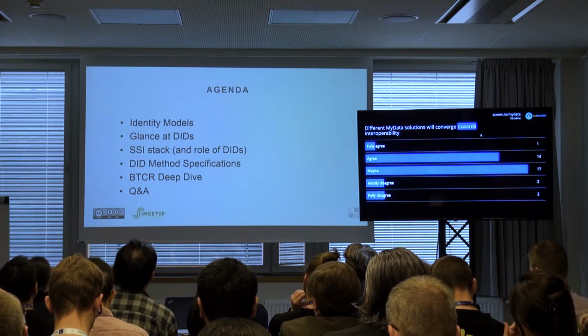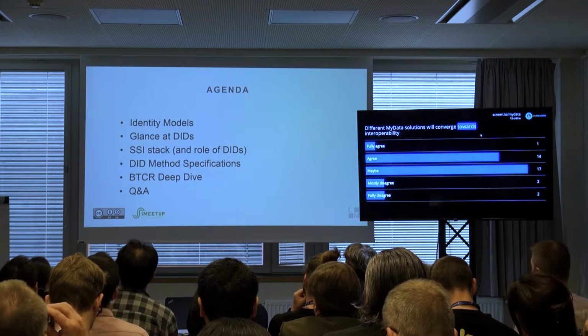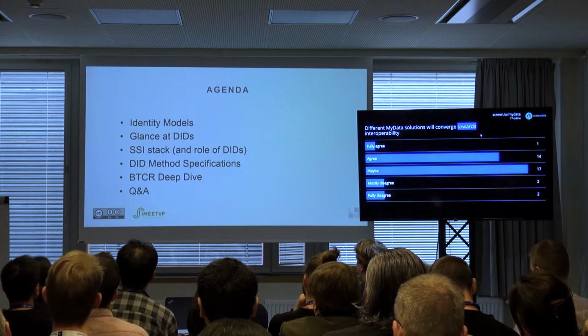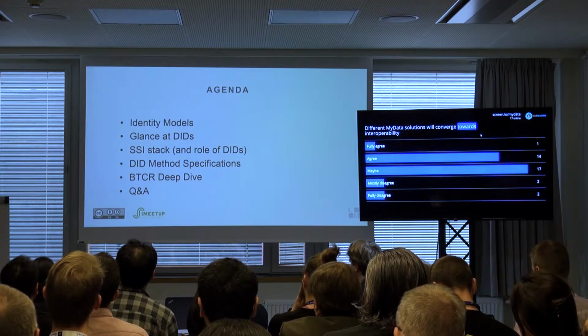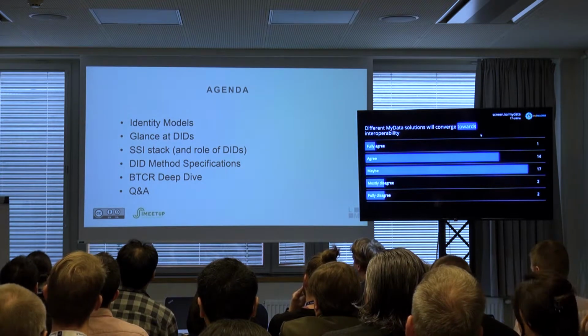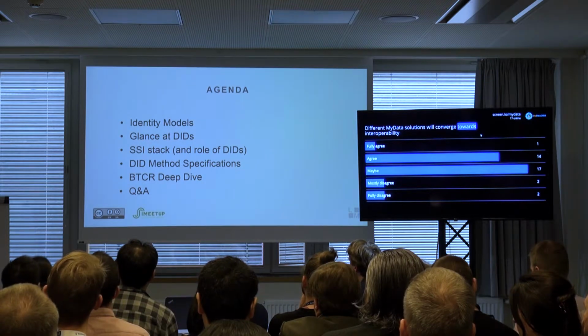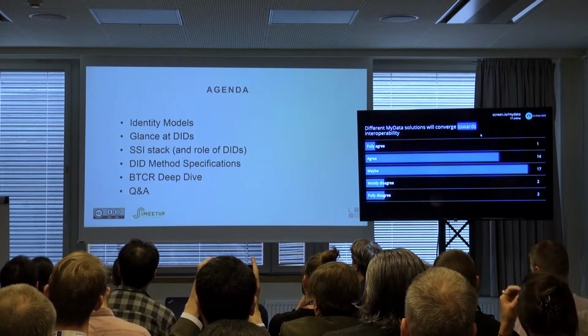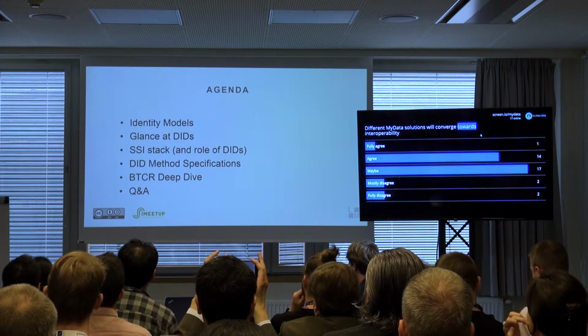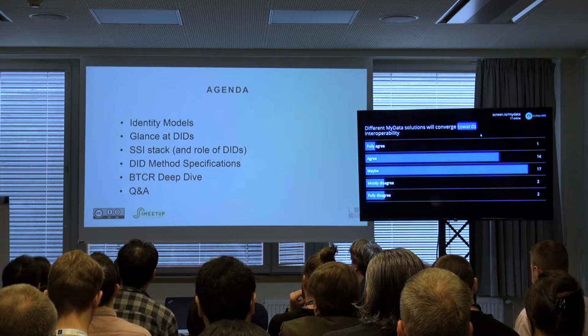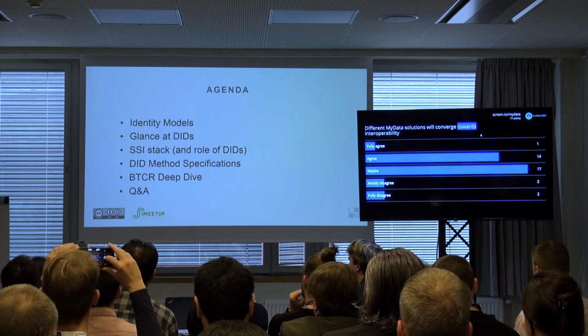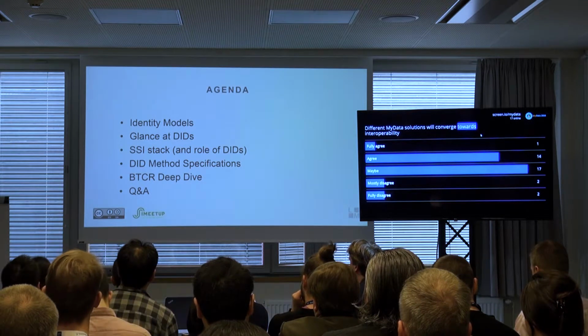Okay, so the agenda: first I'll do a quick review of the identity models. Some of this, if you saw Kalia's talk, will be familiar, so I'm going to move pretty quickly through that. Then we'll take a glance at DIDs to see the basics of it. Then we'll look at the self-sovereign identity standard stack and the role that DIDs play in it.